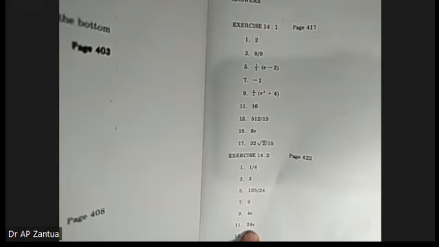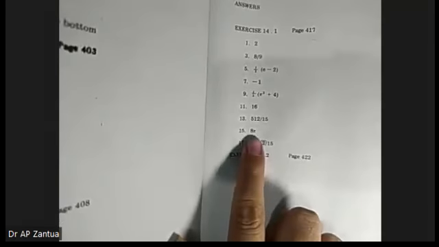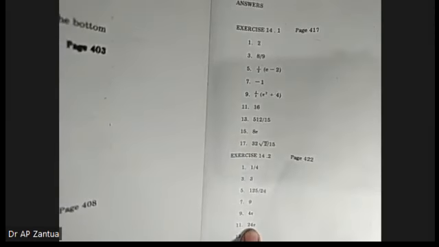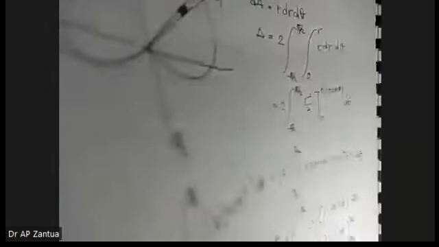So, the answer is 24 pi. Okay? And also, our number 15 here, 8 pi. So, we are correct. Okay? There is no answer for number 10. But we have an answer which is also probably correct, which is 2/3.